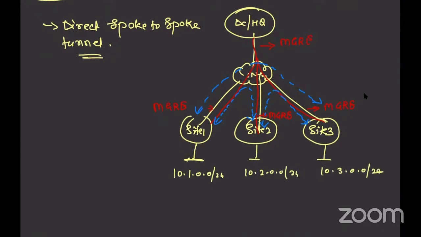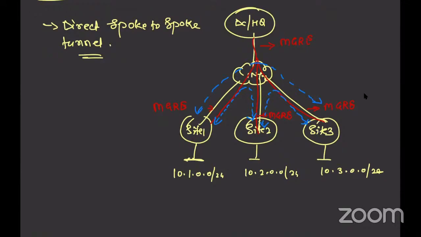So again, you need to run a routing protocol so that they can communicate with each other. Depending on the routing protocol, the next hop needs to be changed or does not need to be changed. For example, if you run EIGRP, EIGRP will not change the next hop by default.